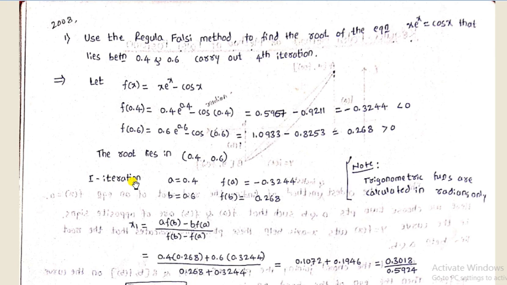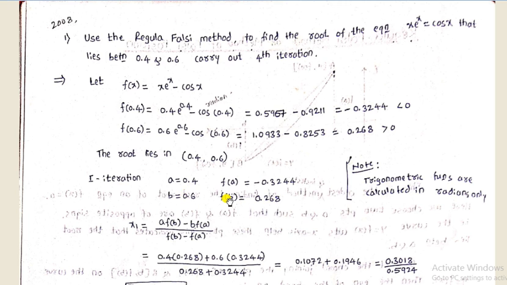So first iteration, take a as 0.4 and b as 0.6. Then f of a and f of b. So f of a, that is f of 0.4, is minus 0.3244, and f of b, that is f of 0.6, value is 0.268.